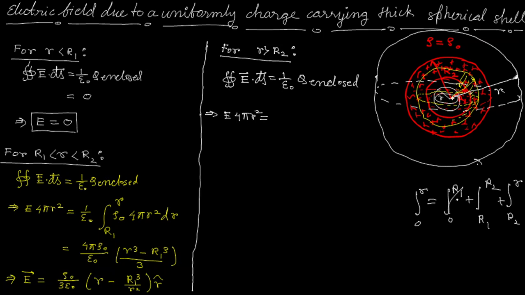But you see, in the region 0 to r1 there is no charge, rho is 0, so this will give enclosed charge 0. In the region r2 to r there is also no charge, so this term will also give 0. Only you will get non-zero for the region r1 to r2.